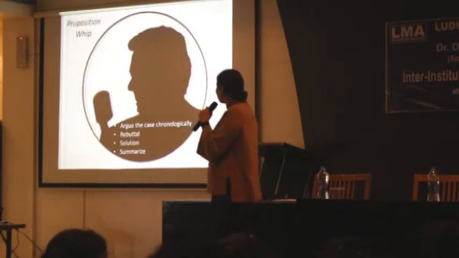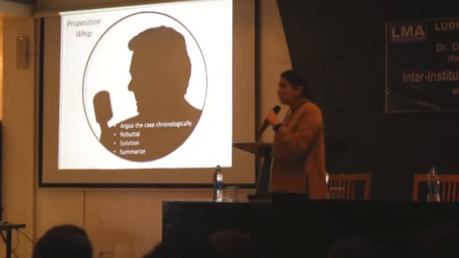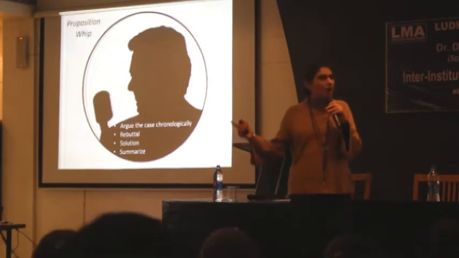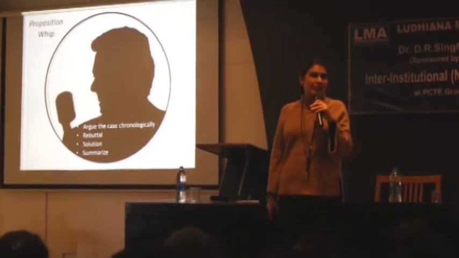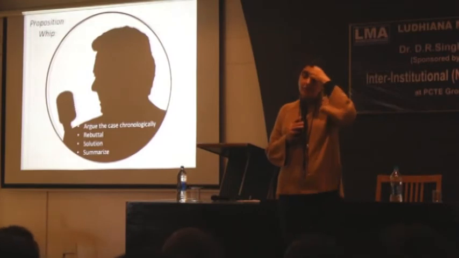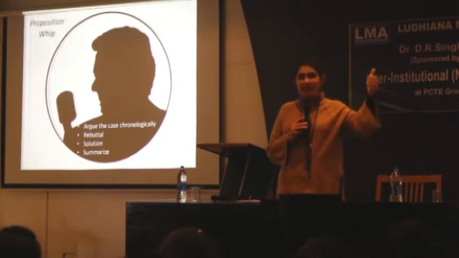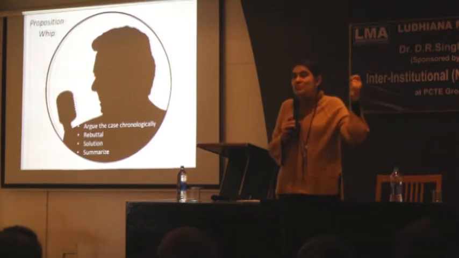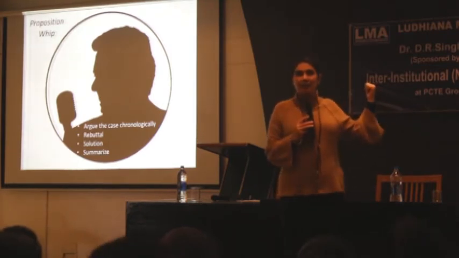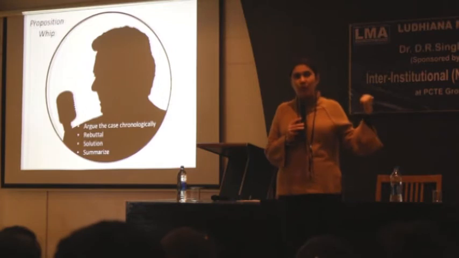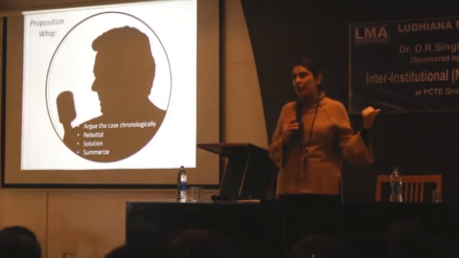Finally, you have the whips. I've said enough about it. You may pick up the case chronologically, you argue it out. Why do I say that? Because you may have a speaker who, let's say you're a deputy and your members missed out something that the proposition leader said, but you want to take it up now and rebut it regardless.